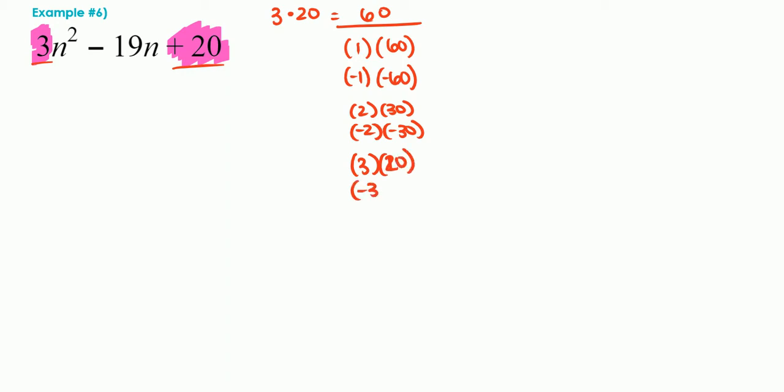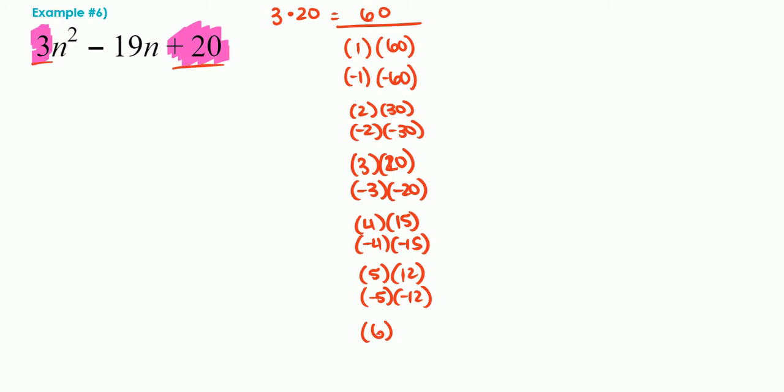Also, negative 3 times negative 20. Then I'll have positive 4 times positive 15, and negative 4 times negative 15. Getting close, we have positive 5 times positive 12, negative 5 times negative 12, positive 6 times positive 10, and negative 6 times negative 10. And there are all those factors of 60 that when I multiply them together, it will go ahead and give me back a positive 60.